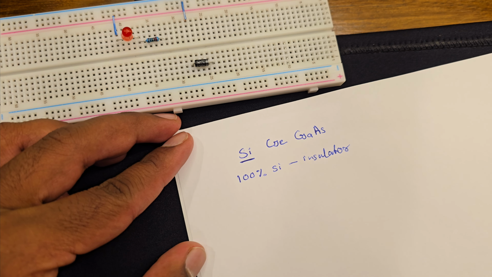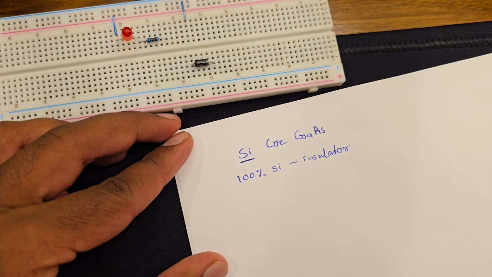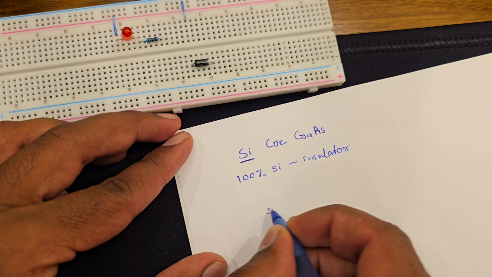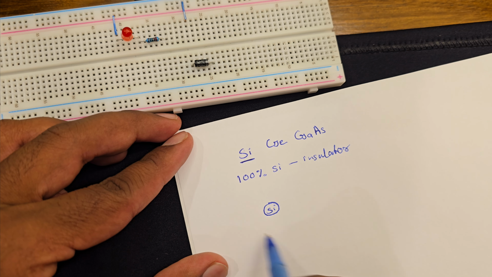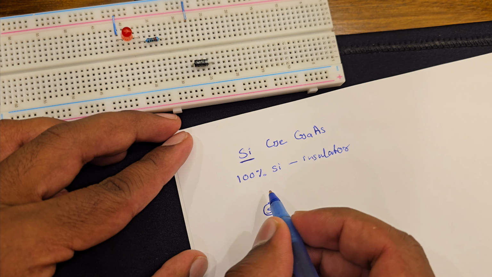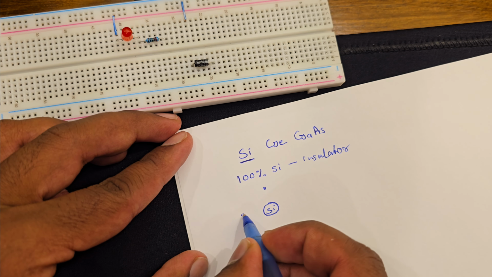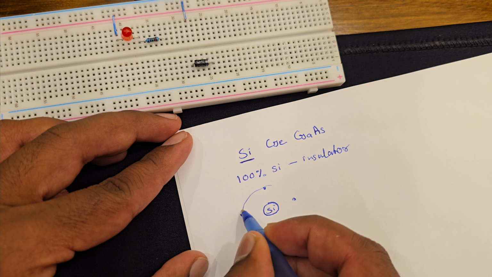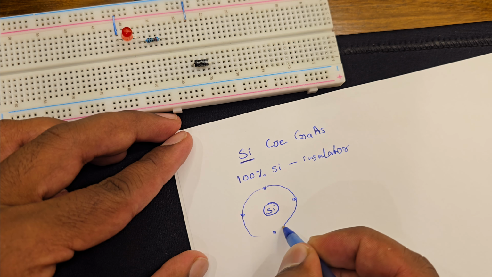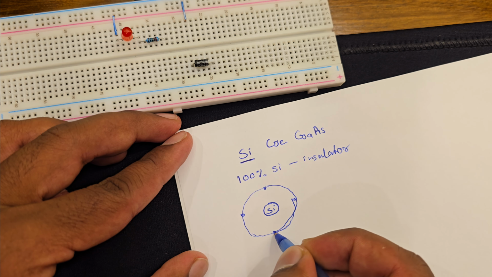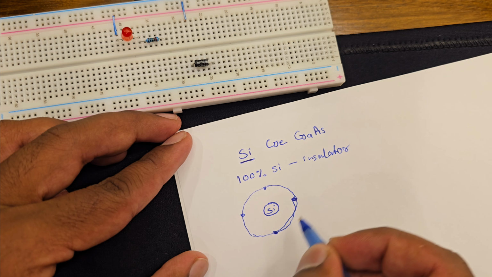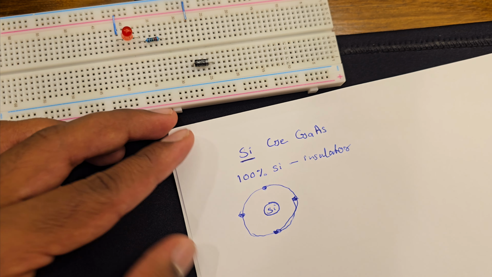So what does a silicon atom look like? A silicon atom has a positively charged nucleus, and it has many electrons around it. I'm just drawing the outer shell. The outer shell has 4 electrons in its outer orbit. So that's the silicon atom. That's a very bad drawing. Anyway, that's 4 electrons, you get the idea.